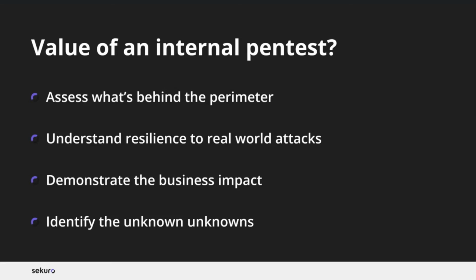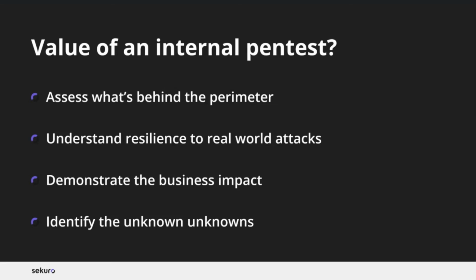Similarly, if you want to validate the capability of an outsourced provider and their procurement contract, such as an external SOC, an internal pen test can help there. It's not just performing the test, but while somebody's performing the test, what kind of indicators of compromise are occurring in the network which somebody would be able to identify and respond to.